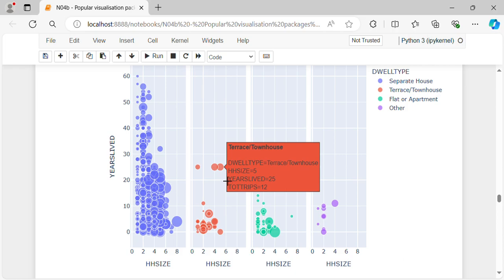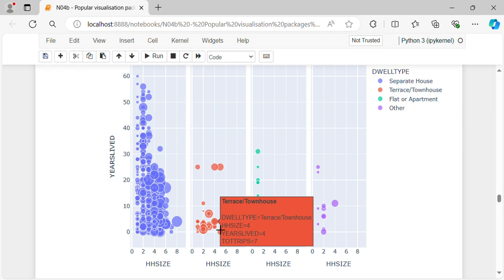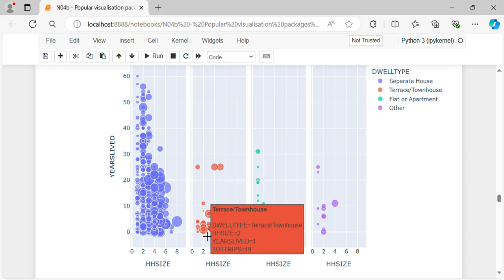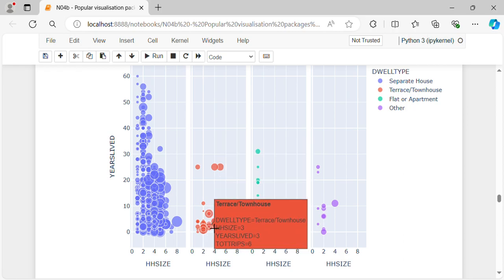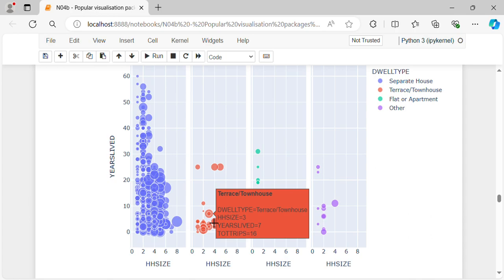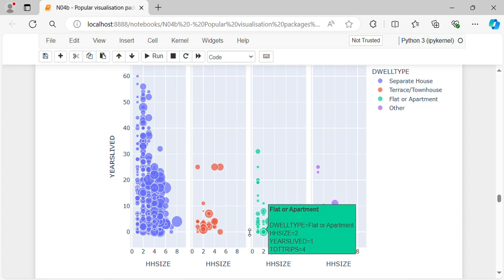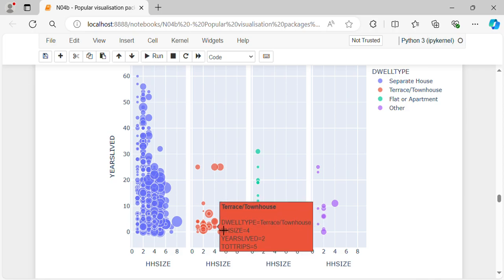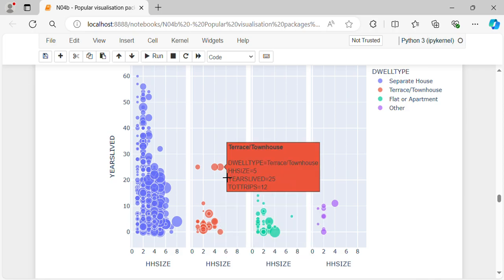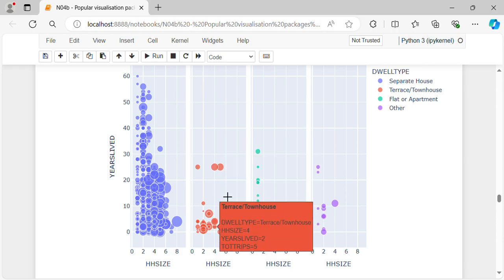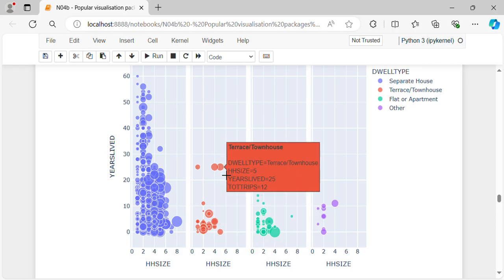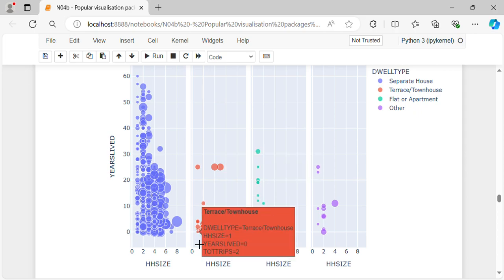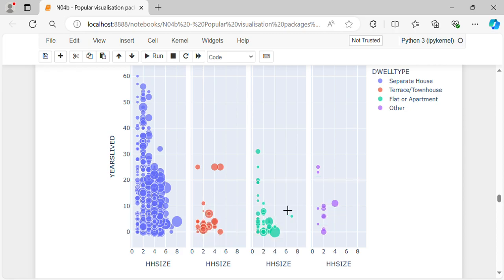And the total trips made is shown by the size of the bubbles, and we can see that there are bigger bubbles which show more total number of trips made, and the smaller bubbles show fewer trips made.